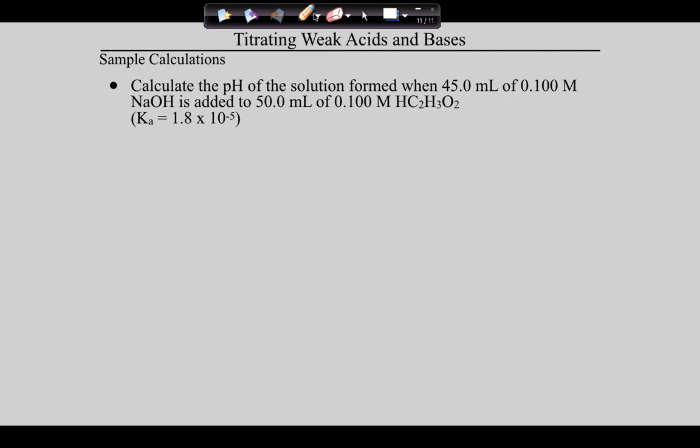You've got to do milliliters to liters, liters to moles, and figure out how many moles of each you've got. But because the molarities are the same, how do we know we're before equivalence? Exactly. We've got less base than we do acid, and we're putting the base into the acid. Is that okay? Okay.